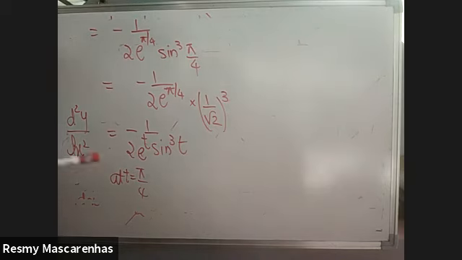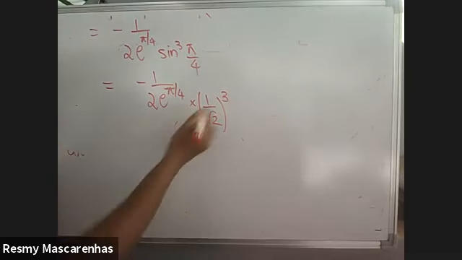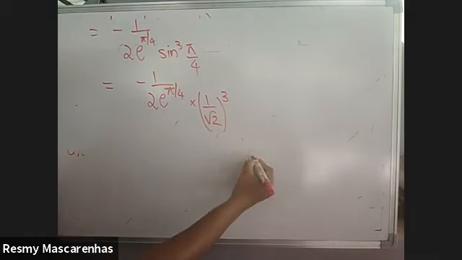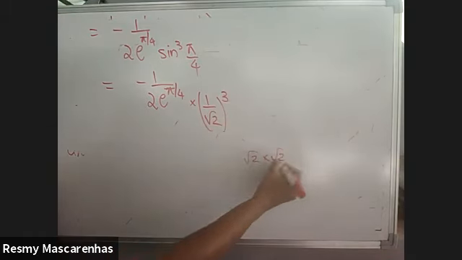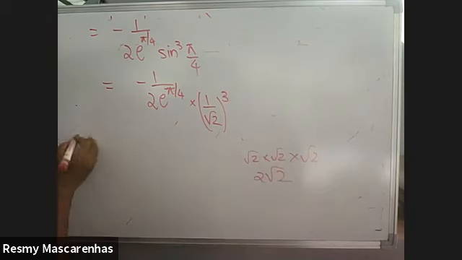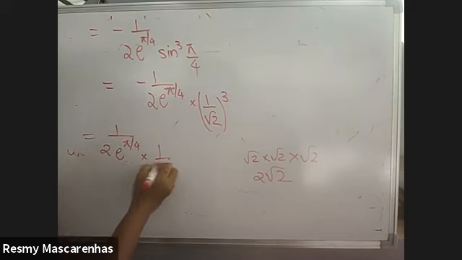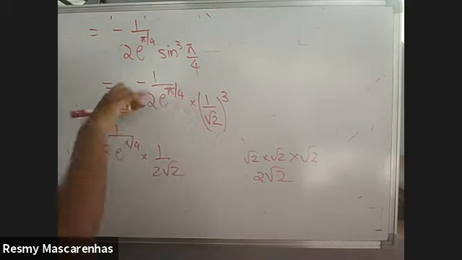Okay. So cube will be on both the terms. So 3 times root 2 into root 2. So this will give 2 root 2. And then this will reverse.